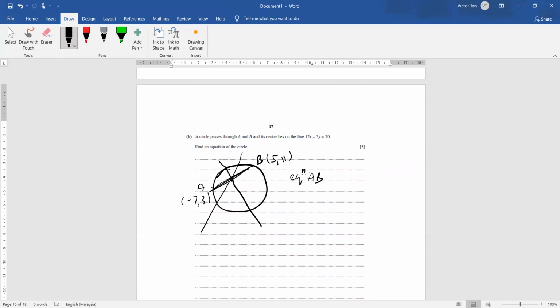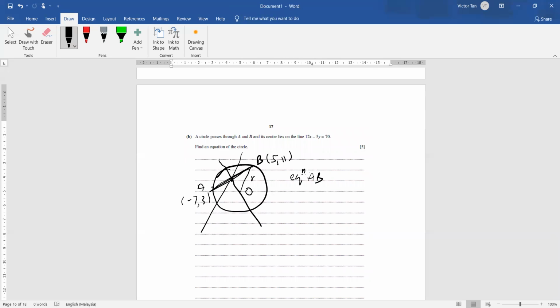Just now the perpendicular bisector will pass through the center. So in order to find the equation of the circle, you must find point O, which is the center, and the radius R.